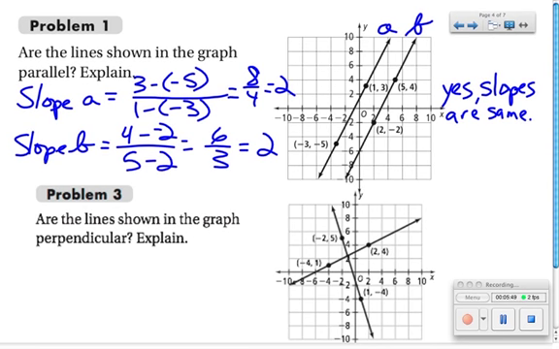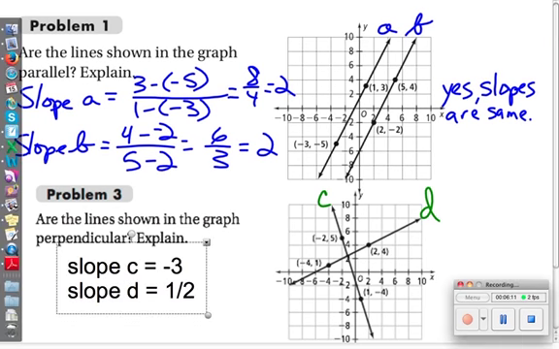Okay, so where we're being asked if these lines are perpendicular. What we know about perpendicular lines is that their slopes are opposite reciprocals. So let's find the slopes. Take a moment and do so within your groups. Okay, by now you should have found the slopes of the two lines.